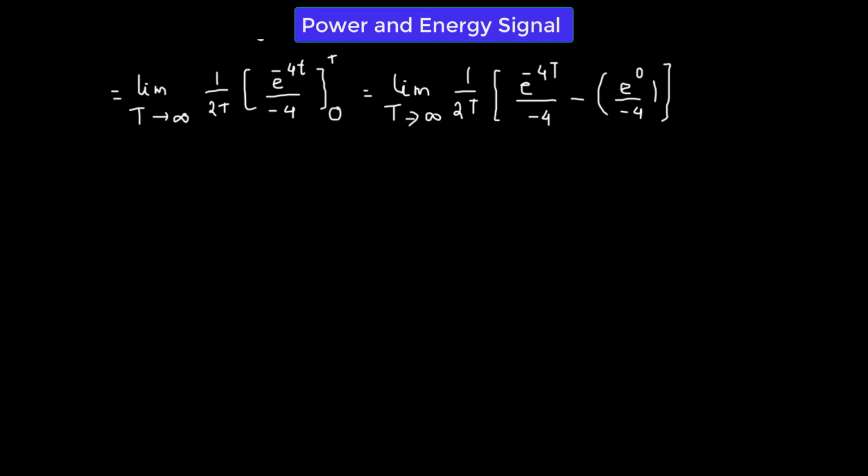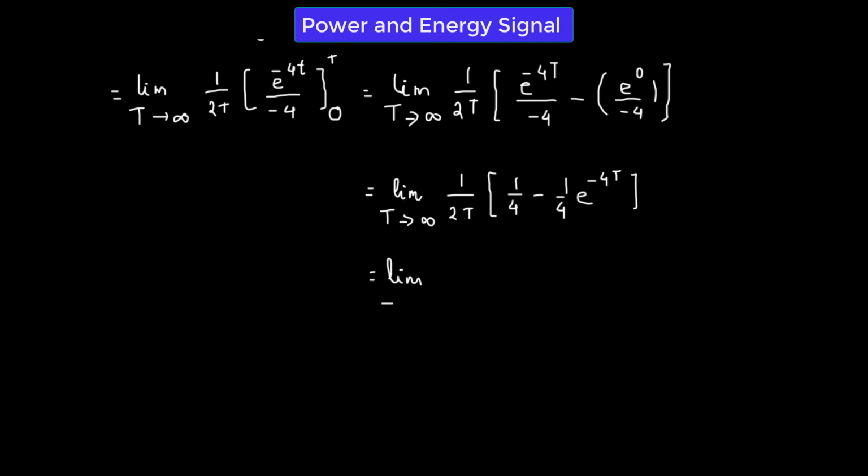So we rearrange it. We have 1 over 4 minus 1 over 4 times e raised to the power of negative 4t.